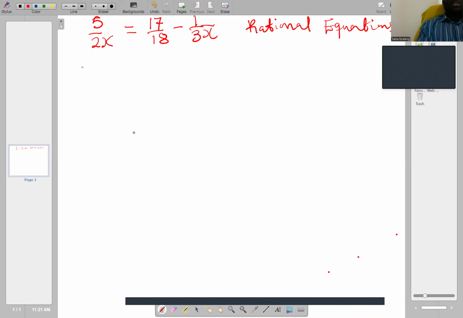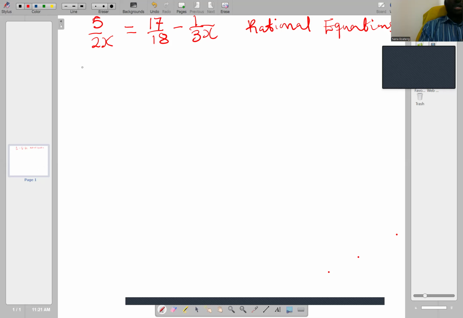So the next thing that we do is to multiply through every term by 18x. So 18x times 5 divided by 2x is equal to 18x times 17 divided by 18, minus 18x times 1 divided by 3x.